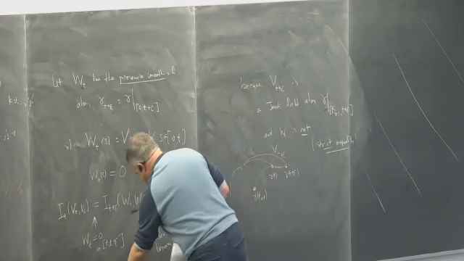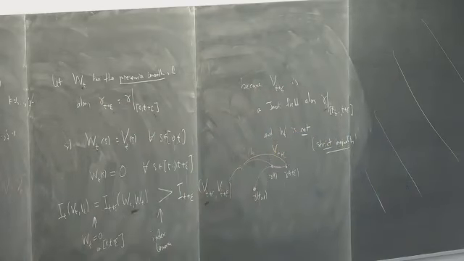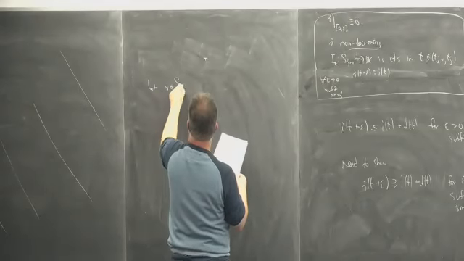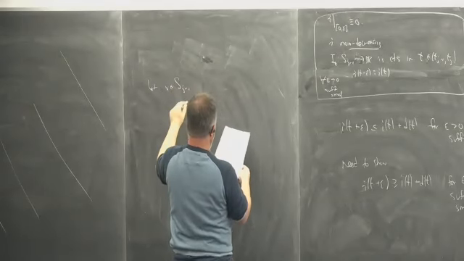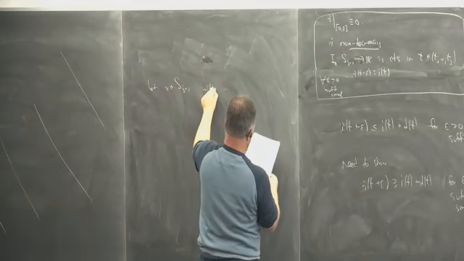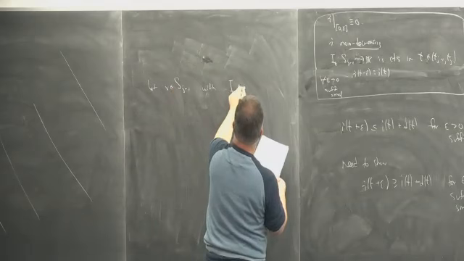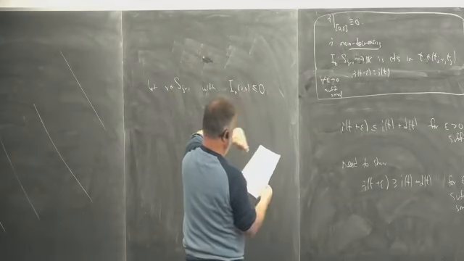Okay, now we're almost done. Let's take that expression. So now let little v be in S_{j-1} with I_t(v,v) less than or equal to 0.